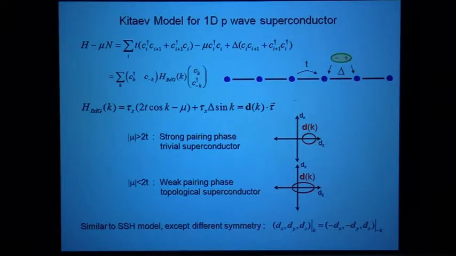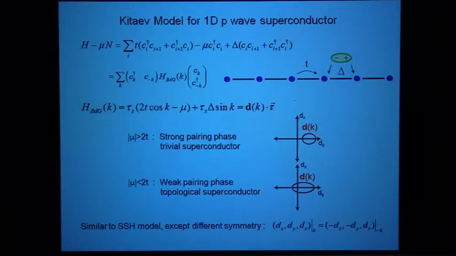So there are two phases. If mu is very large, then dz never gets to zero, and so it's a trivial phase, if you will. If mu is very small, then you can see this d vector wraps all the way around. So in fact, these two phases are the trivial and topological phases of this one-dimensional superconductor.